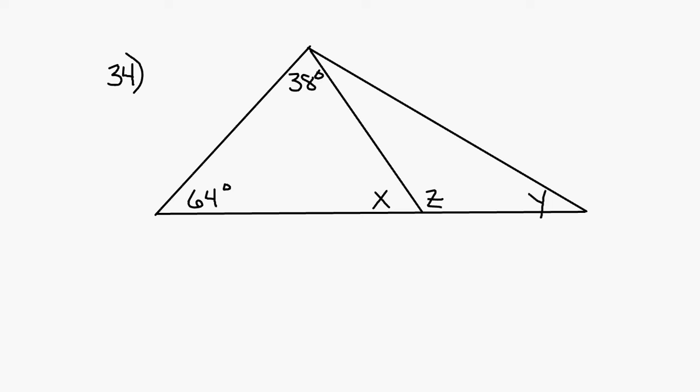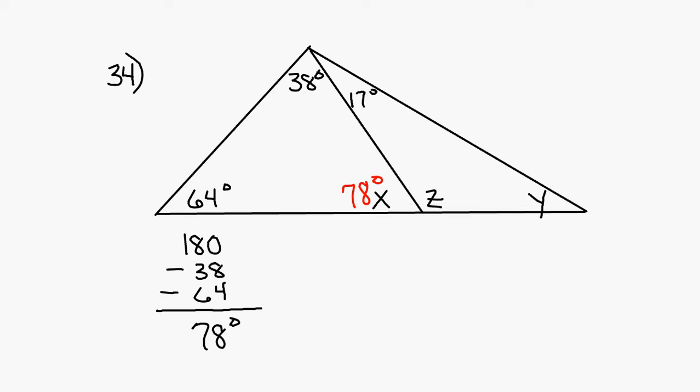And you've got one more 17-degree angle. All right, so for angle x, you take 180 and subtract 38 and then subtract 64. So 180 minus 38 minus 64 is 78 degrees. So angle x is equal to 78 degrees.